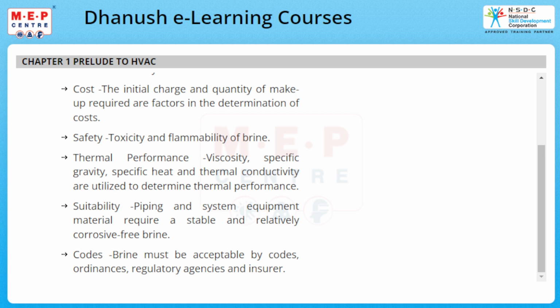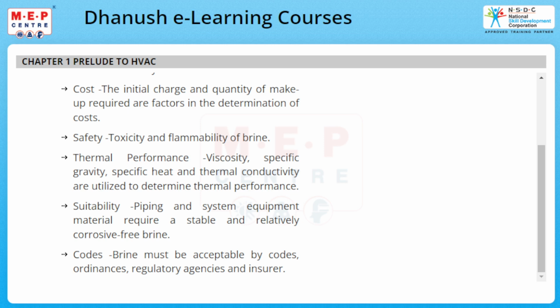Thermal performance: viscosity, specific gravity, specific heat, and thermal conductivity are utilized to determine thermal performance. Suitability: piping and system equipment material require a stable and relatively corrosion-free brine. Codes: brine must be acceptable by codes, ordinances, regulatory agencies, and insurers.